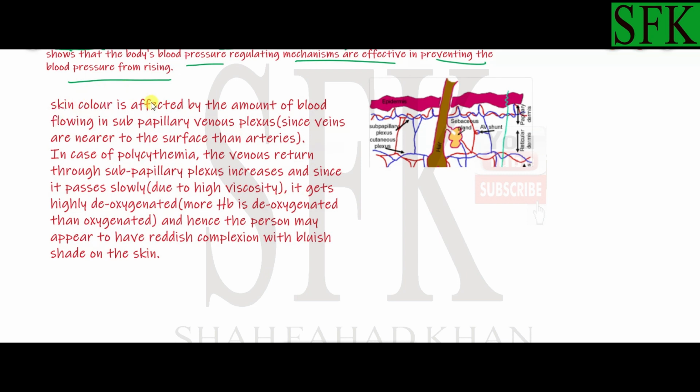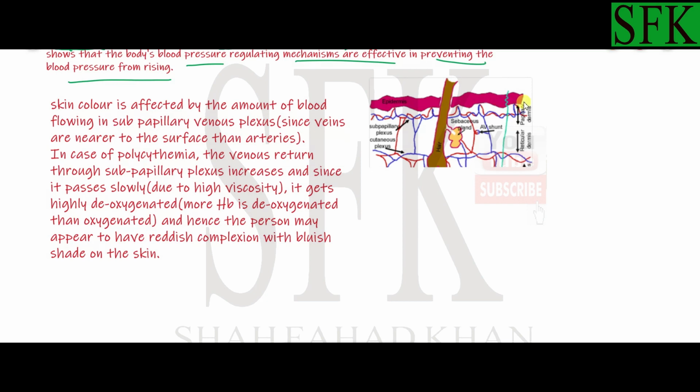Well, the skin color is also affected by the amount of blood that flows in the subpapillary venous plexus. The subpapillary venous plexus is basically the collection of veins just beneath the skin. As we know, veins are superficial and arteries are deep seated.